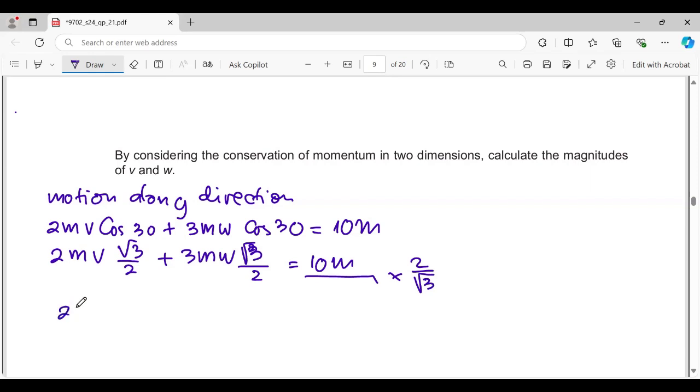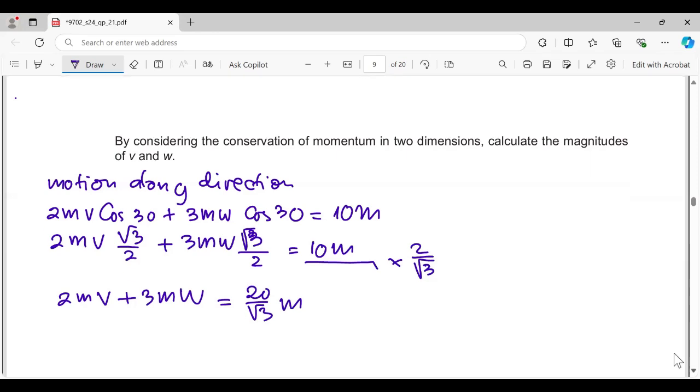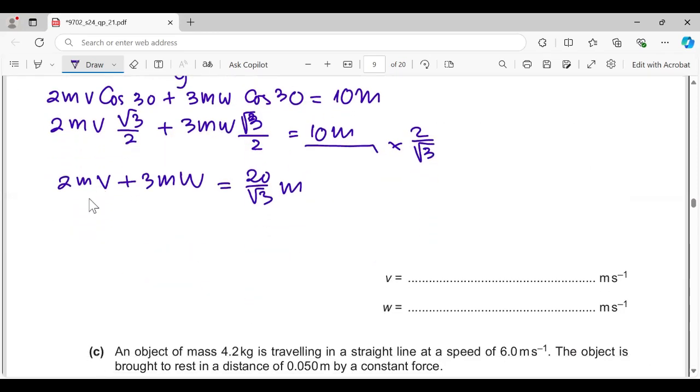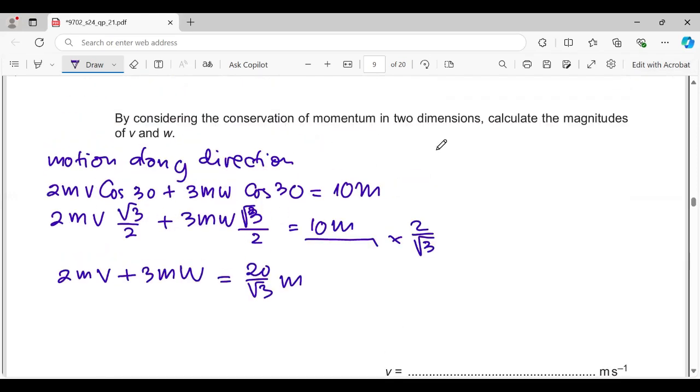So it will be 2m v plus 3m w equals 20 over square root 3 meters. I will find this first, dividing this motion along the direction, and then we are going to calculate the motion perpendicular.